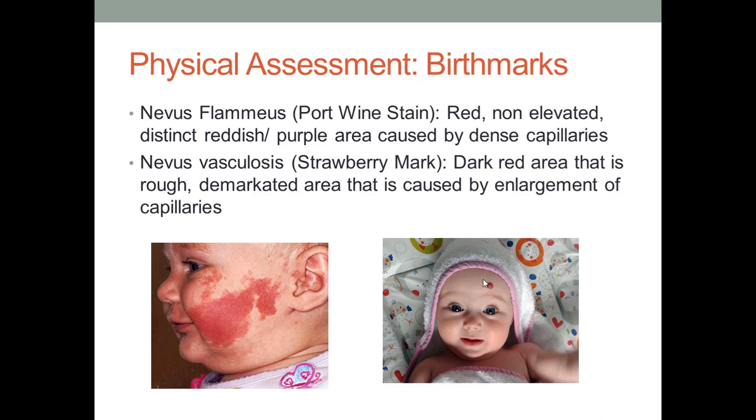It almost looks like a very dark mole, like a red mole, kind of. But just remember, the port wine stain or the nevus flammeus is not elevated, and it's just on their skin. Whereas the nevus vasculosus or the strawberry mark is rough, it's raised, it's kind of a mole.